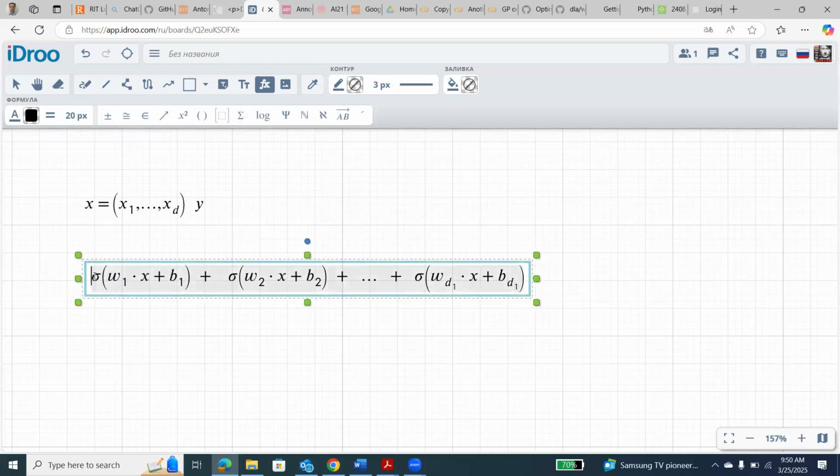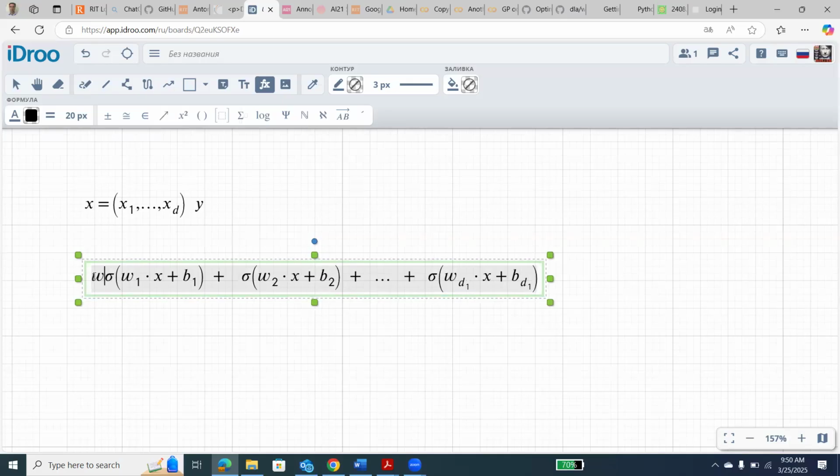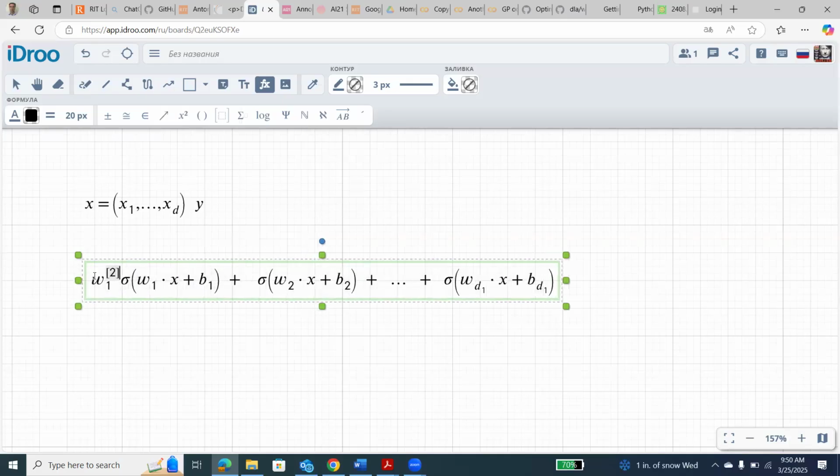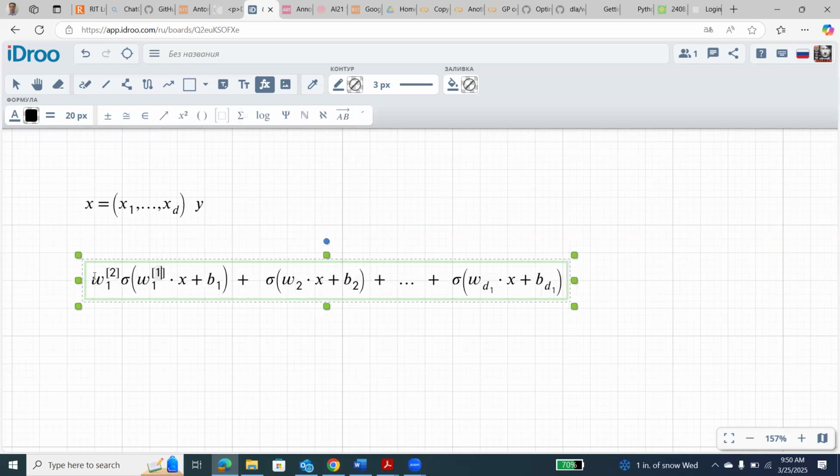And we will also take a linear combination of these sigmoid functions. So I will use another weight here, and I will use superscript now here to distinguish between these weights and biases.